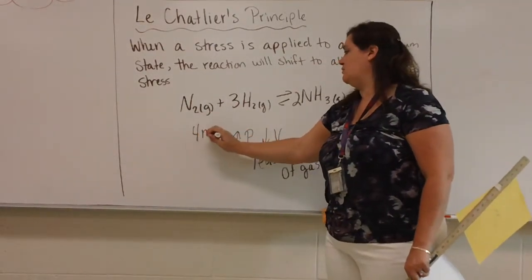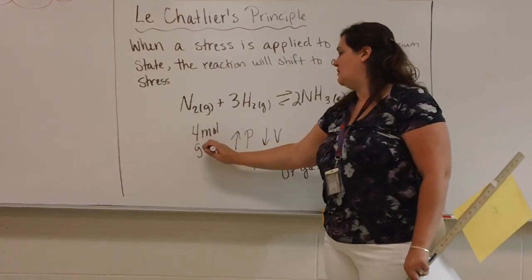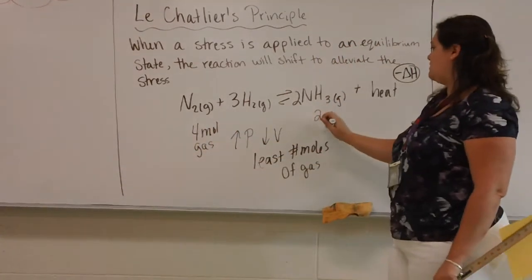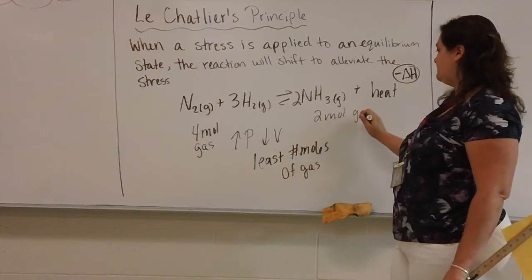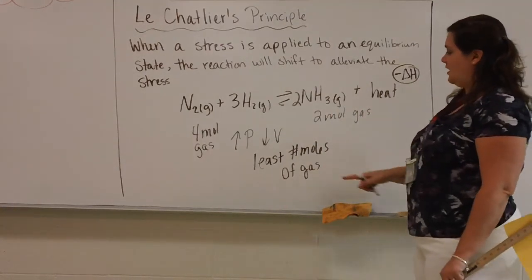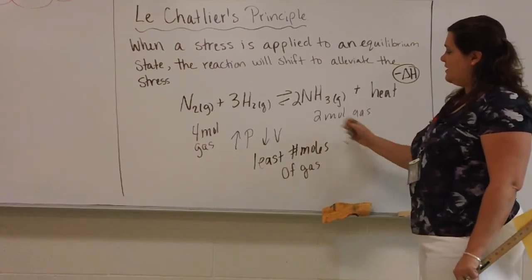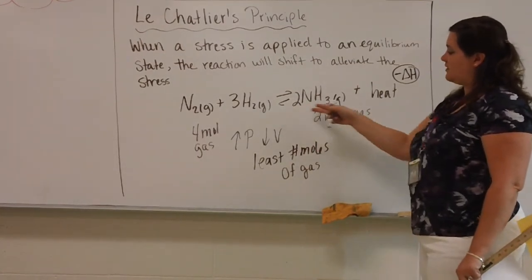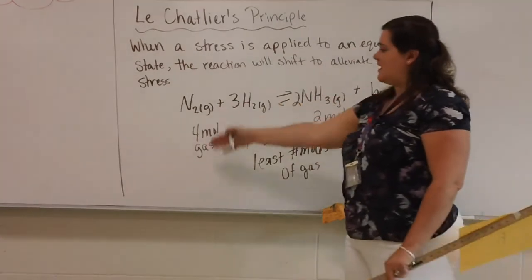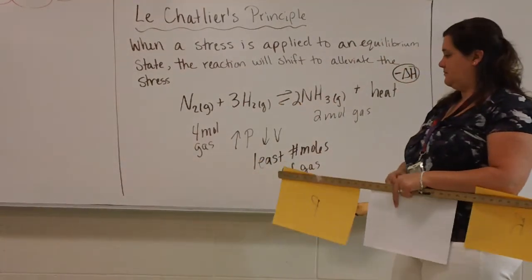That gives us 4 moles of gas on the left. And on the right we have 2 moles of gas. So we're going to shift to the side with the least moles of gas, which means we're shifting to the product side. If we shift to the products, our product concentration increases and our reactant concentration decreases.